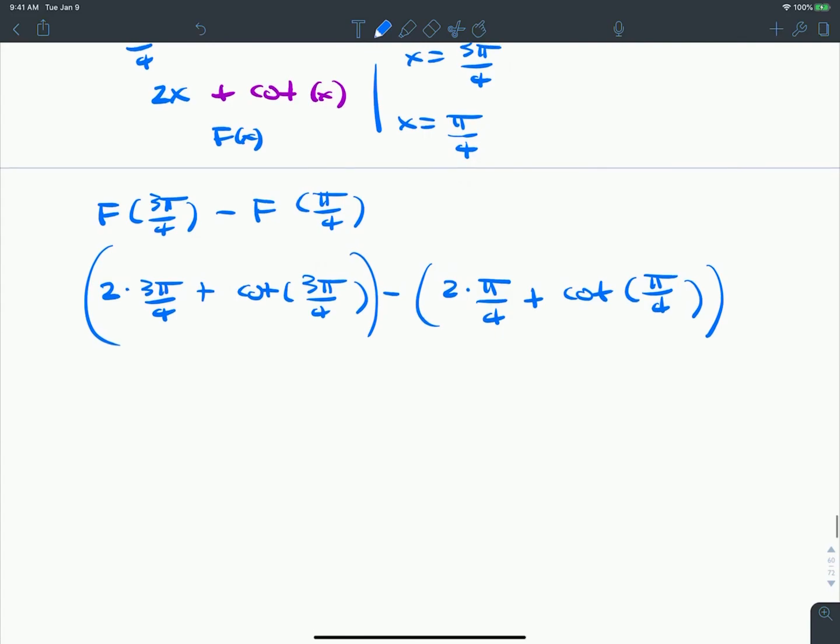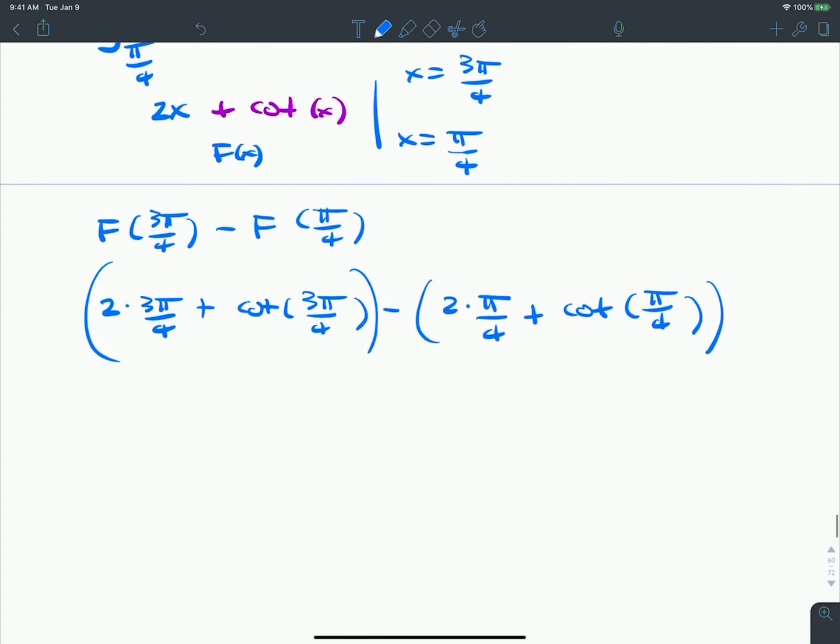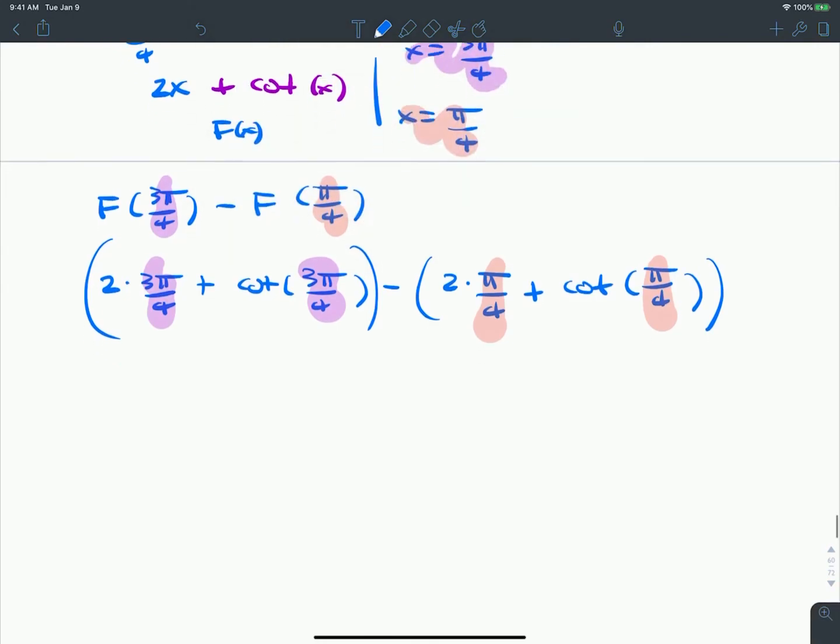So double check here to make sure we did everything okay. Pi over 4 is that lower limit. The upper limit is 3 pi over 4, so we have to put the 3 pi over 4 here. Pi over 4, pi over 4. There's our lower limit. So we just have to find some values here, but before that, let's do some arithmetic.